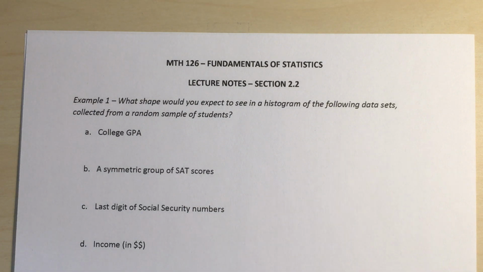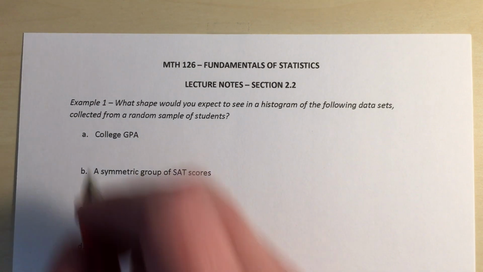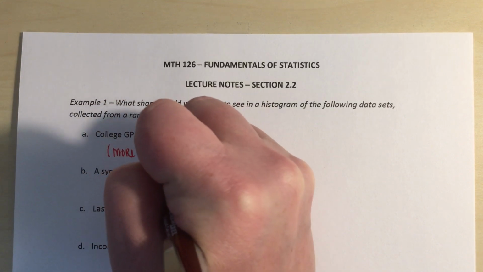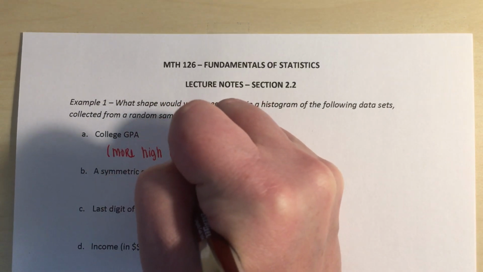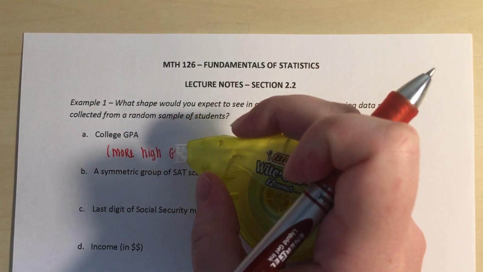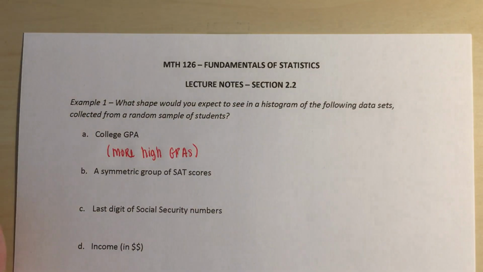Right, so if we think about college GPAs, hopefully, for the most part, there are more high GPAs. Oops, so that P turned into an R. More high GPAs. Okay.